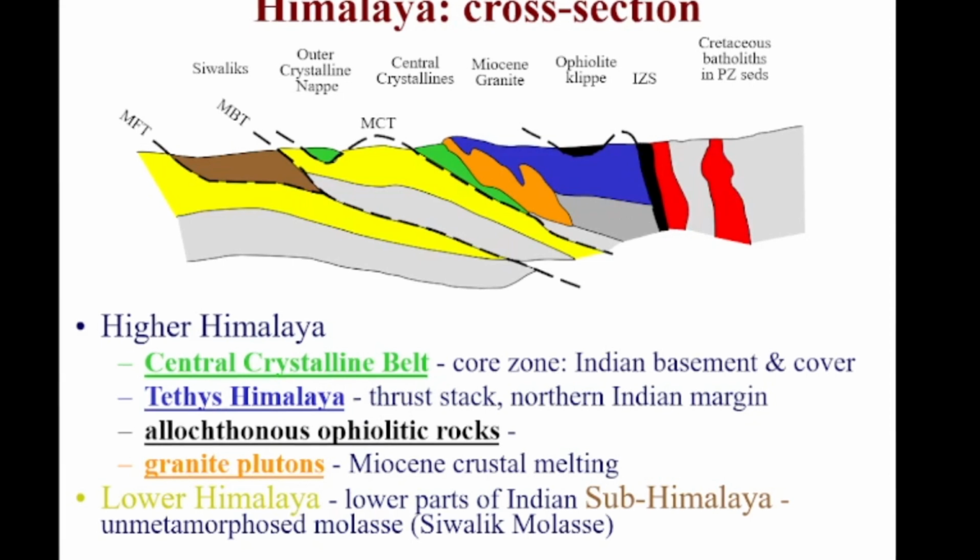Now the evidence is there: ectogenous ophiolites. Somewhere you can see the black color. These are the ophiolitic zones.